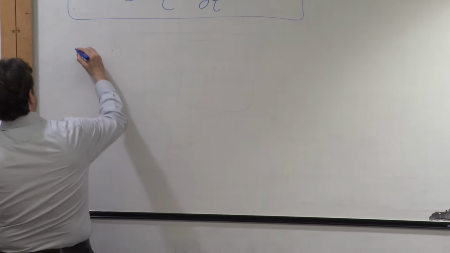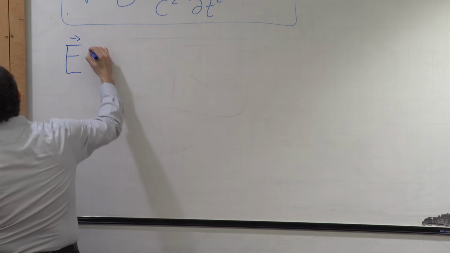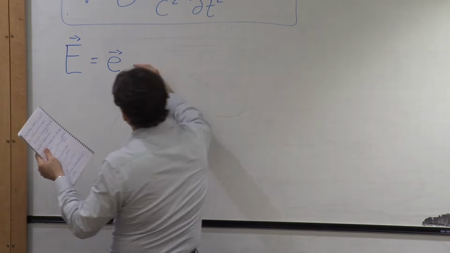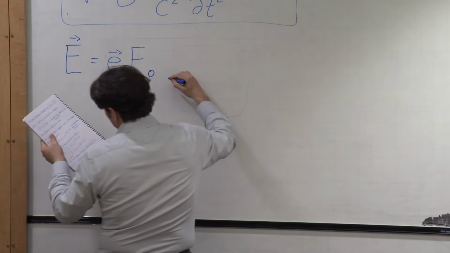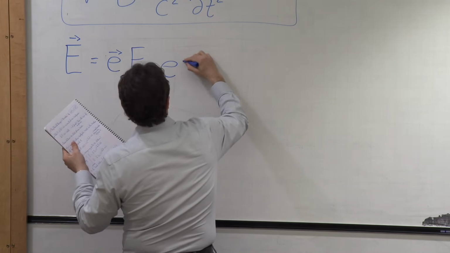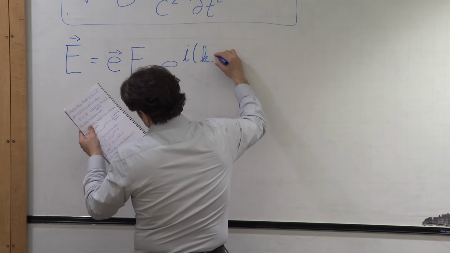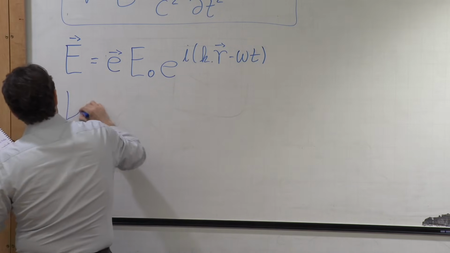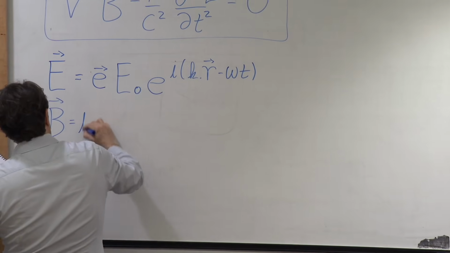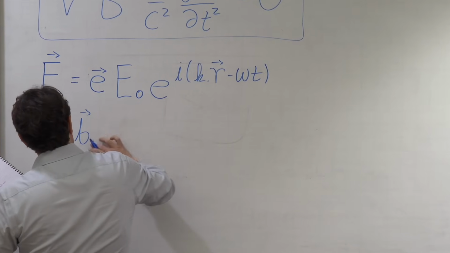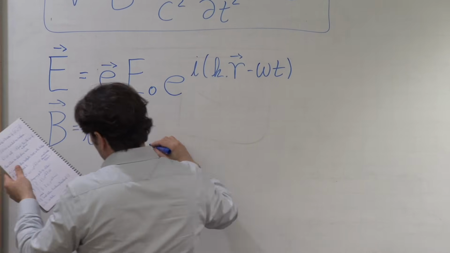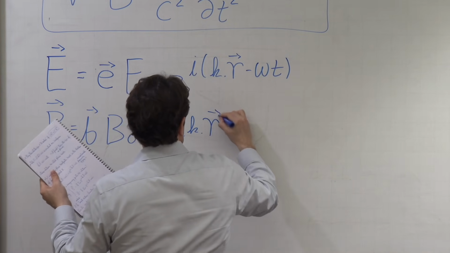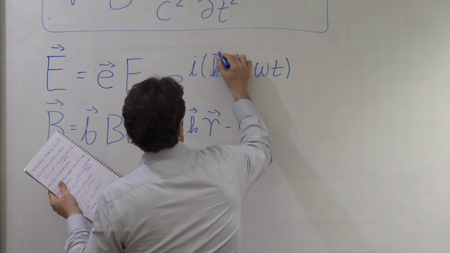So now, based on this intuition, we propose for the electric and magnetic field the following forms. We say that E is equal to a unit vector e times some magnitude E0 times e to the i (k dot r minus omega t), and B is a unit vector b times B0 e to the i (k dot r minus omega t).